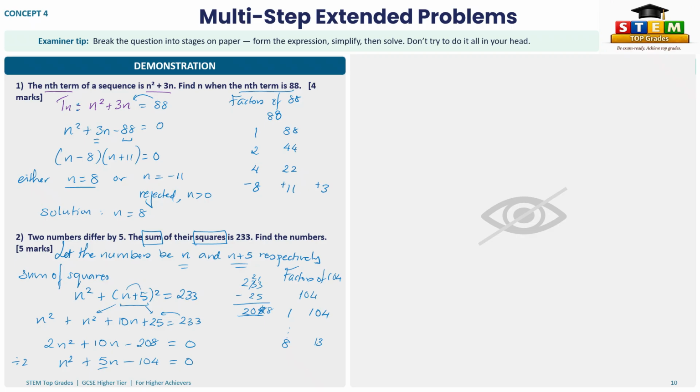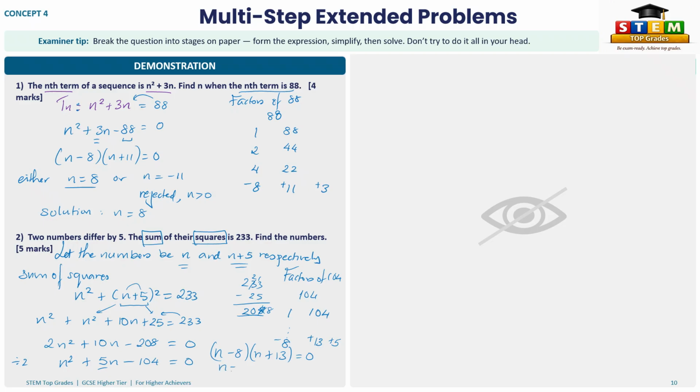To get 13, you need a plus here and a minus, so that makes it plus 5. Factorizing then is going to give me n minus 8, and then n plus 13, and that all together equals 0.